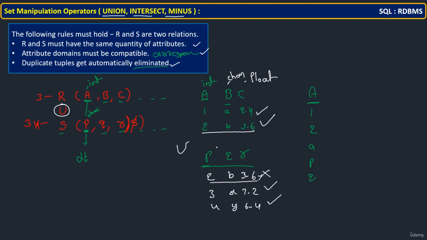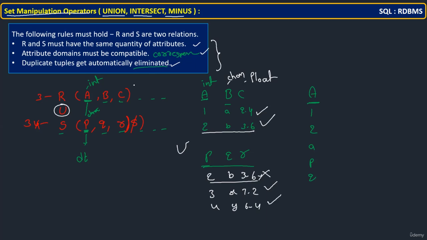In the case of intersection, the common things you will select anyhow, and in the case of minus, something else happens. Those things we will see individually in the next lectures. But here, understand that duplicates are automatically eliminated by set manipulation operators. These three rules must hold when you are applying set manipulation operators, that is union, intersection, and minus.